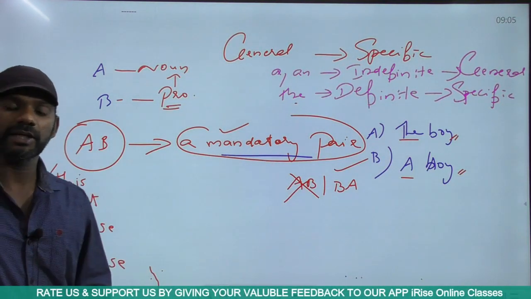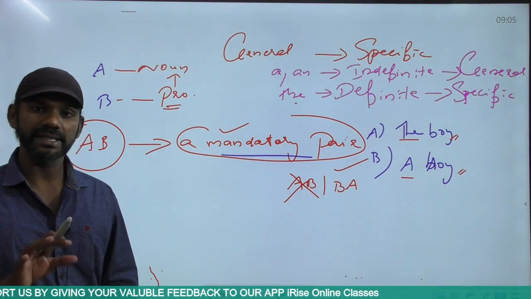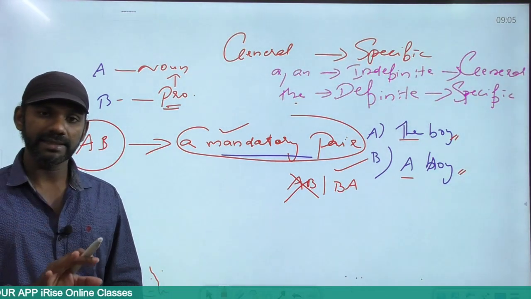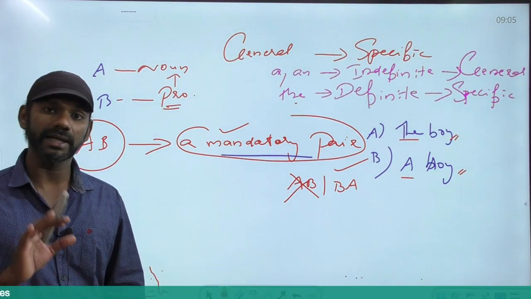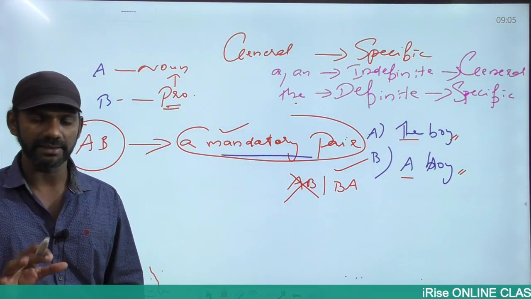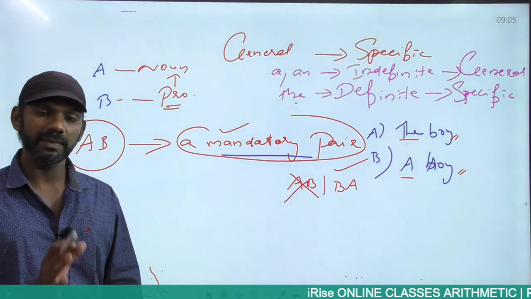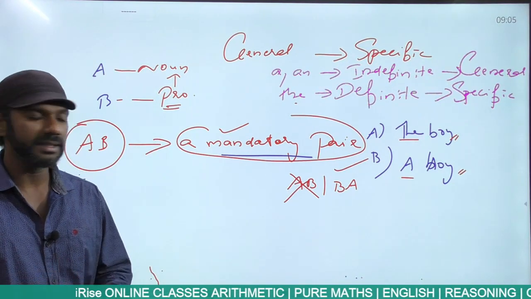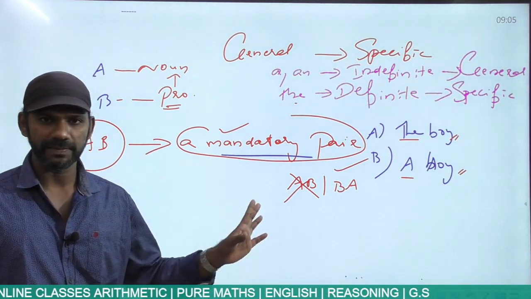Right? You must be able to identify which sentence is getting support by the example. I repeat, the sentence that the example supports and the sentence that is the example must be brought together and can be called a mandatory pair.